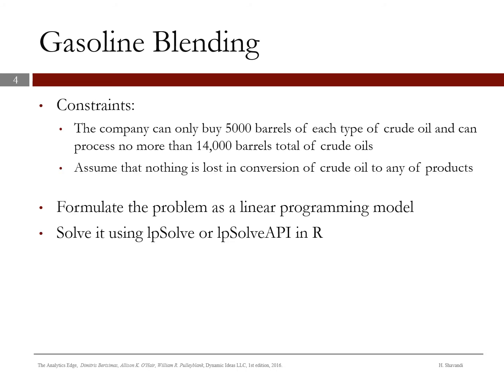Here we have more constraints. The company can only buy 5,000 barrels of each type of crude oil. So here, for example, again for crude oil type 1, we have S1 plus R1 plus D1. This is the total amount of crude oil type 1 used to produce the products. So this should be less than or equal to 5,000, right?